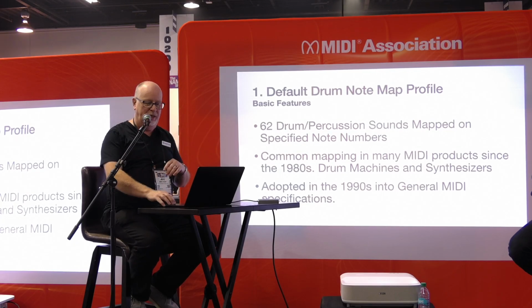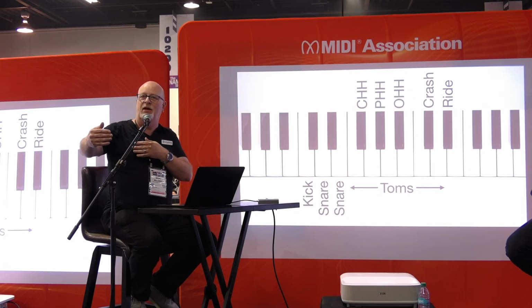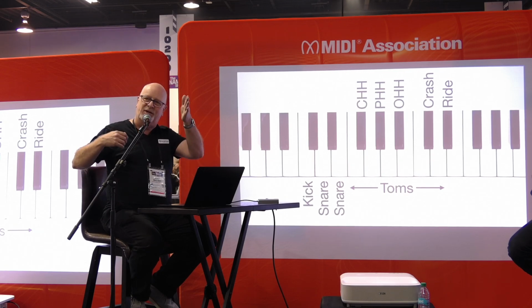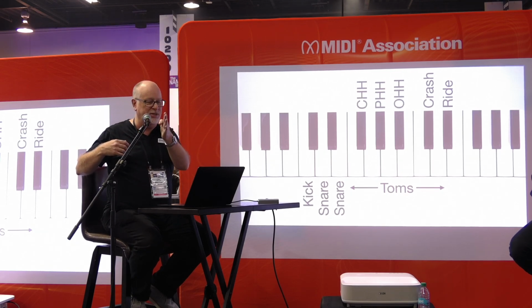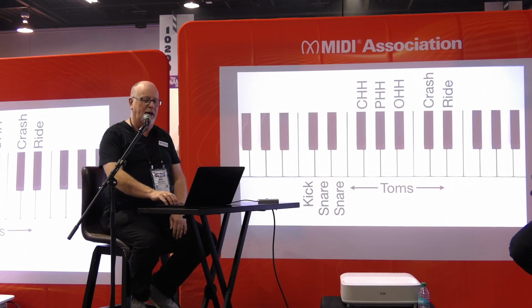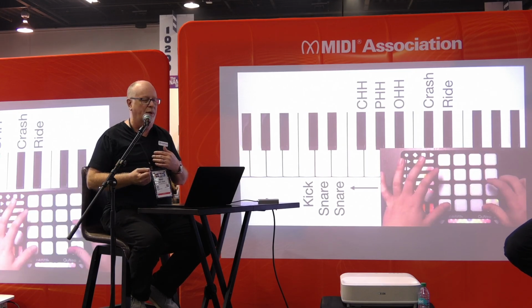And so now turning that into a profile, if a device says, I conform to the default drum note profile, you know that there's a kick on C, that there's going to be a snare on D, and so on. And so this is at the heart of this default drum note mapping profile.